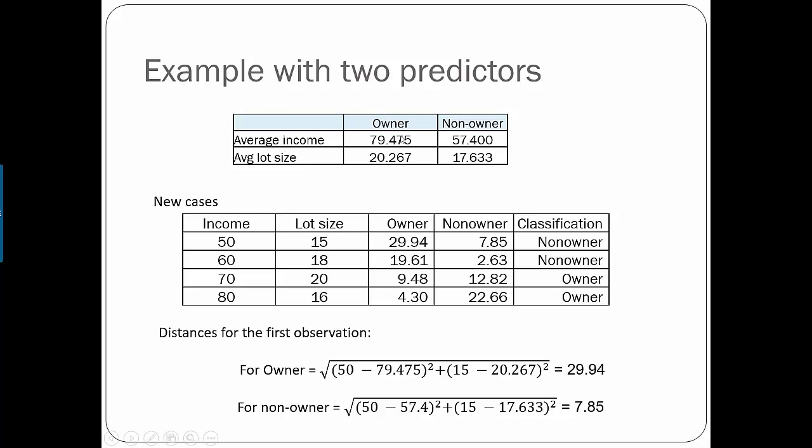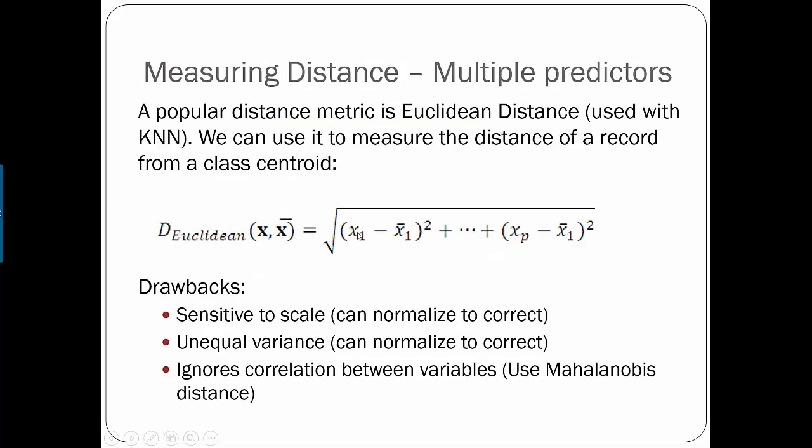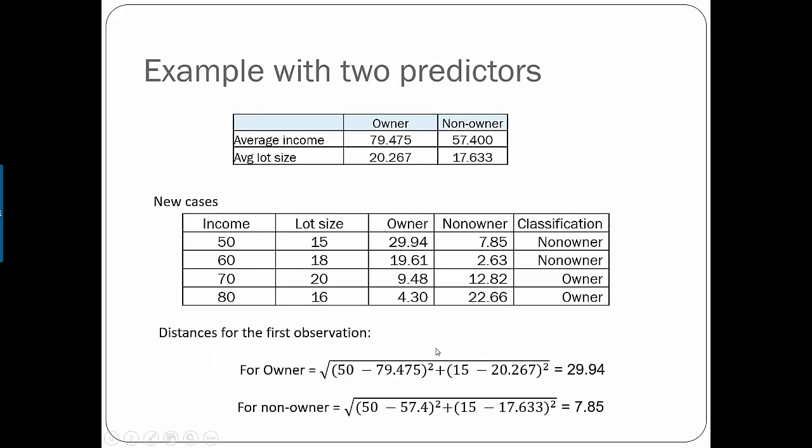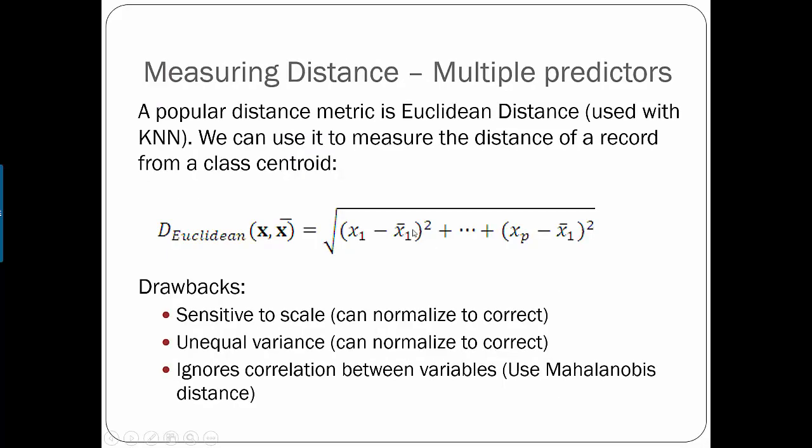So you'll have one for income, one for lot size, one for the next one, and another one, and another one. So you'll have a bunch of means, and you will find the difference between the actual X values and the mean value, square them and sum them like what we did here, and take a square root, and that's your distance.